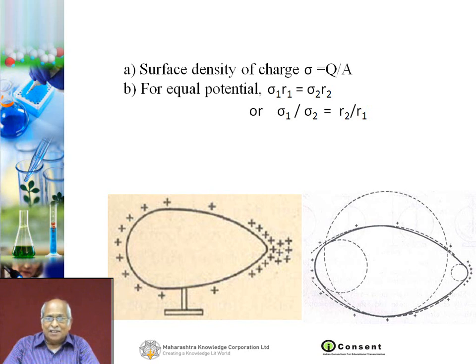Surface density of charge is denoted by the letter sigma. Surface density means charge per unit area. So you see the equation, sigma equal to Q upon A. Q charge is present on a surface of area A. So surface density is Q upon A.